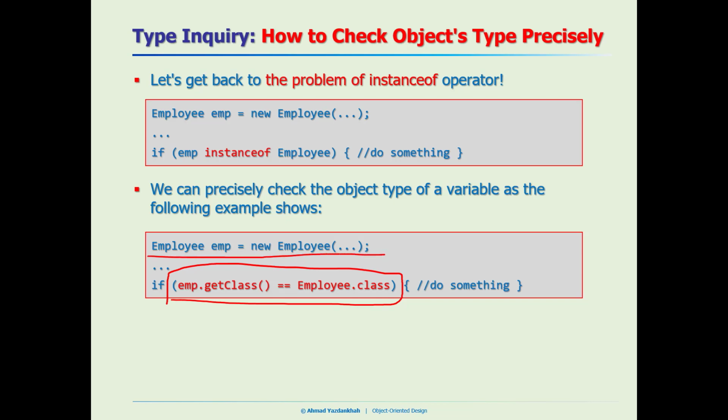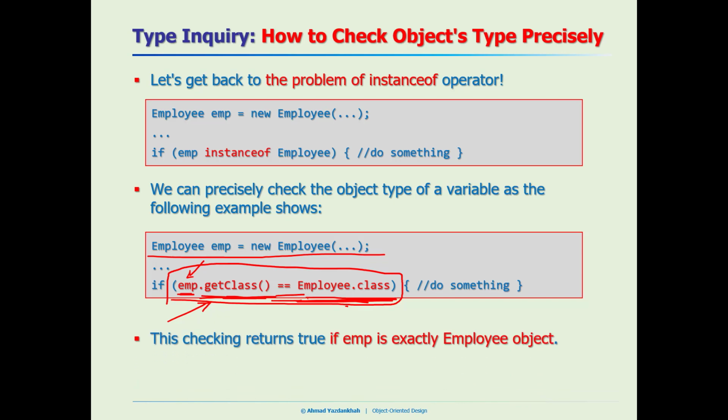So we can call getClass on this employee, and this method gives you the type of the class, and you can compare it with the second method that we learned, to make sure that this employee is exactly of the type Employee or not. In that case, if this employee variable is not exactly this, the if statement does not go through.